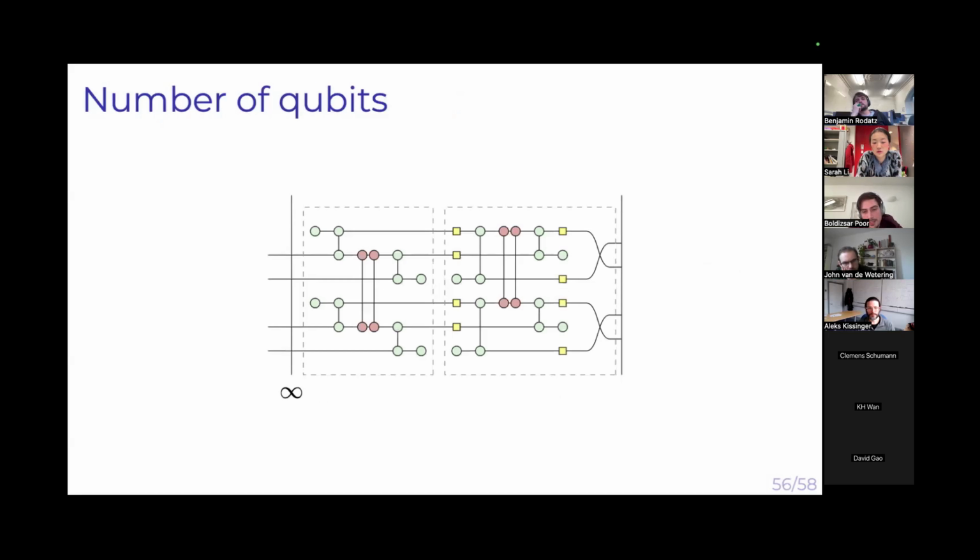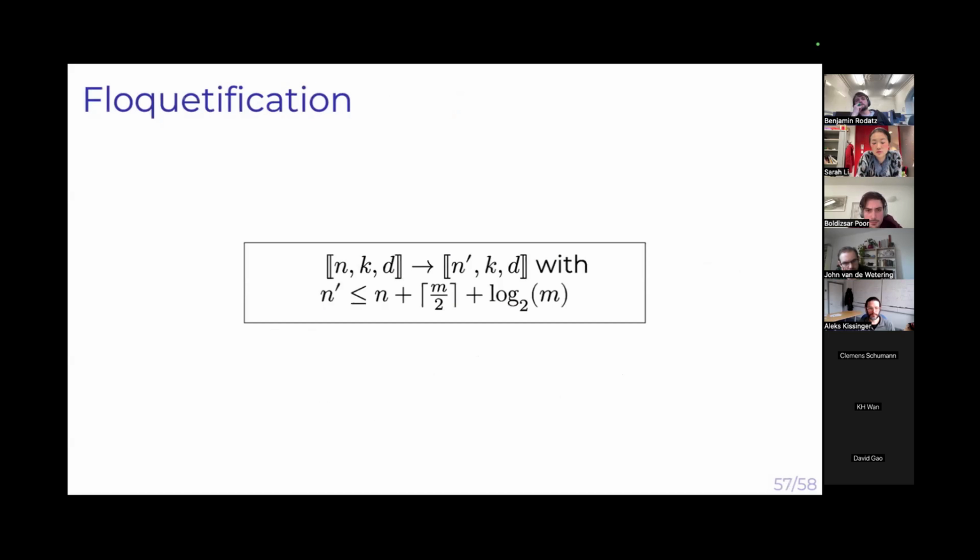So now we get from an [[n,k,d]] code an [[n',k,d]] code, where n' is at most M plus M over 2 plus log M. Here M is the maximum weight measurement in the code you have. In the 422 code, that is equal to 4, but in some other codes, this is not going to be the case. So your scaling can be quite nice with lower weight measurements.